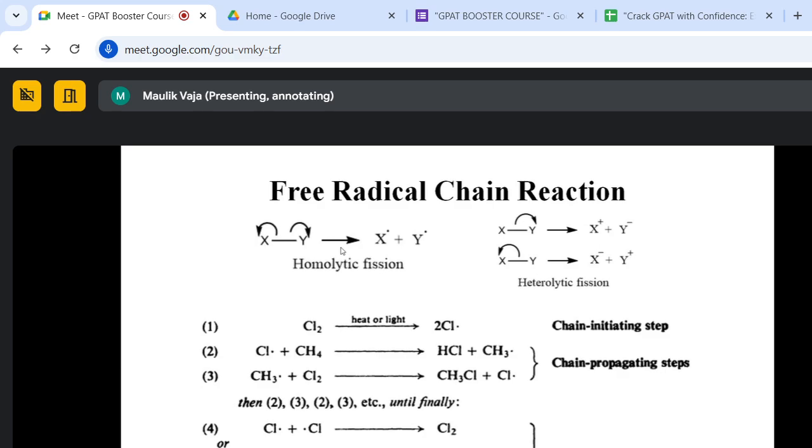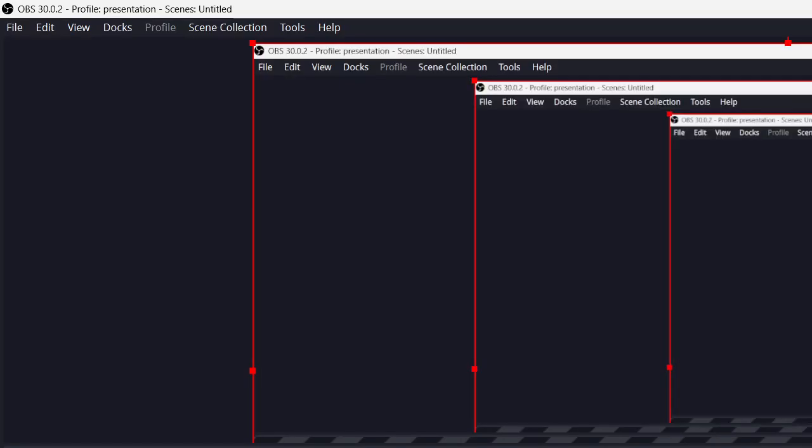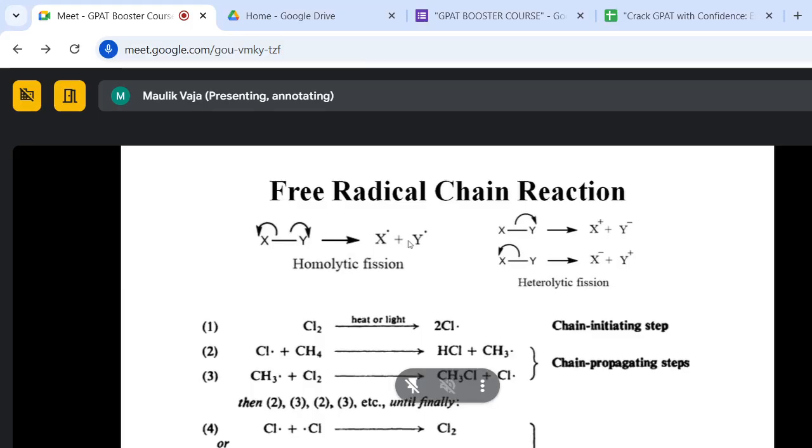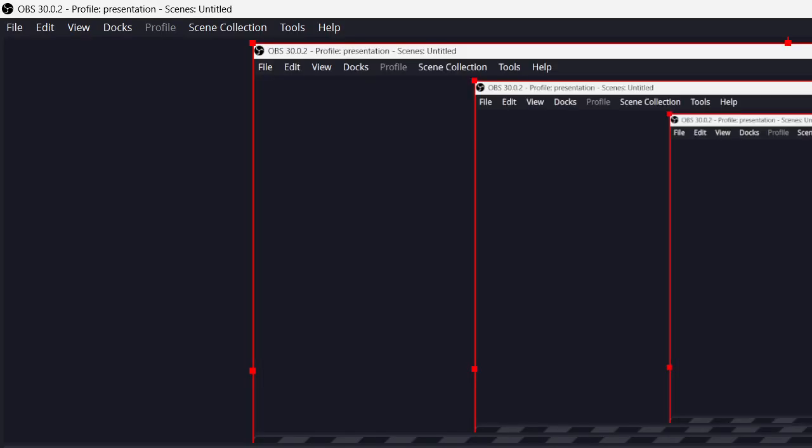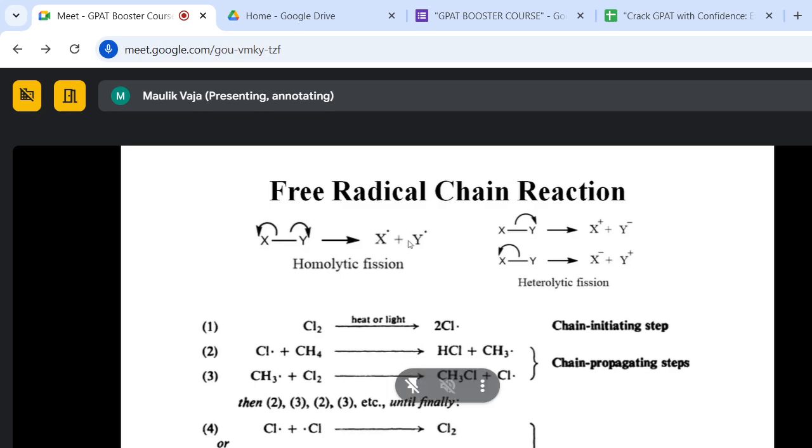So if they ask what is formed in homolytic fission, with options free radical, cations, anions, the answer will be free radicals.